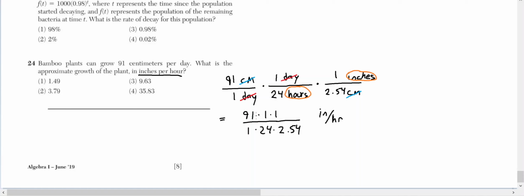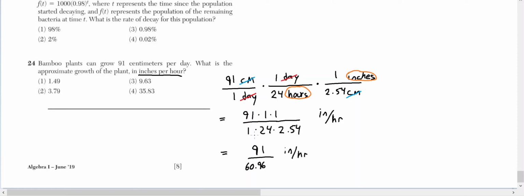So now we just need to compute this. This is just a number. So using our calculator, we can have 91 divided by 1 times 24 times 2.54. I get 60.96.